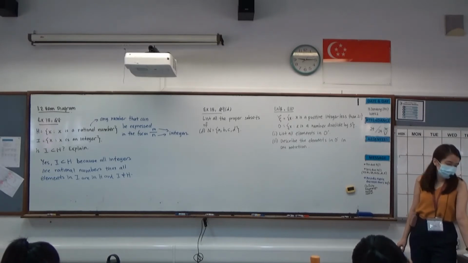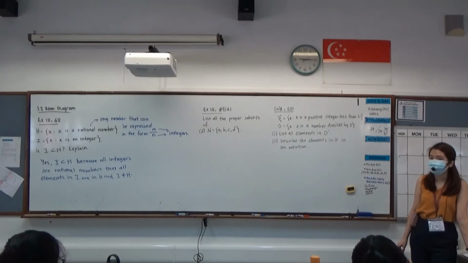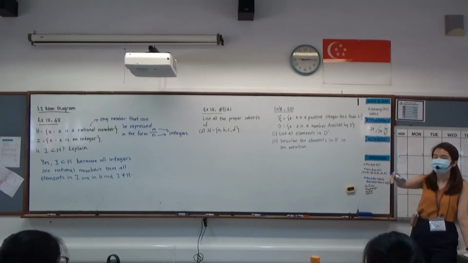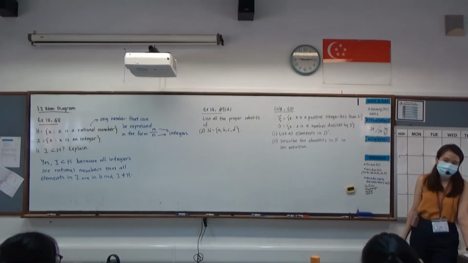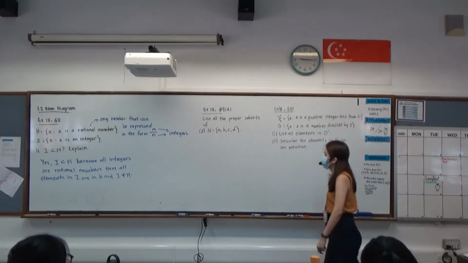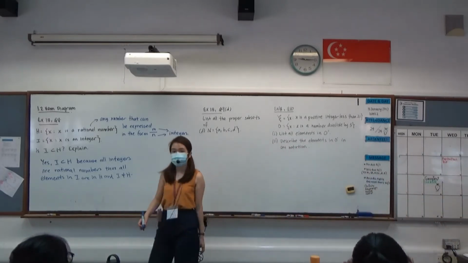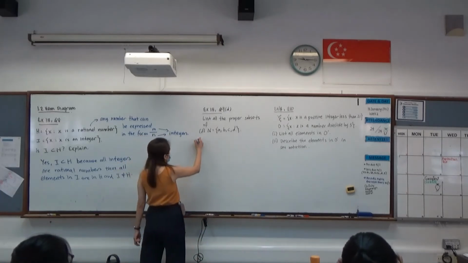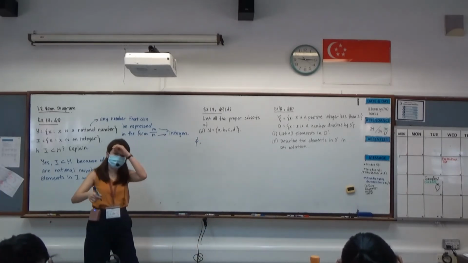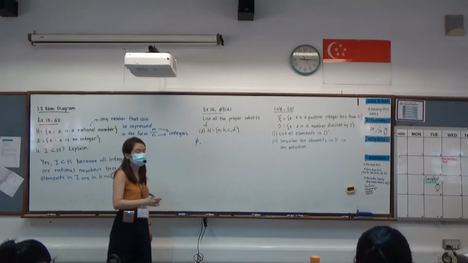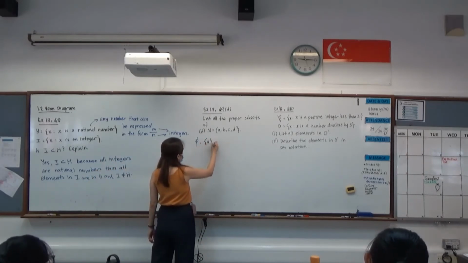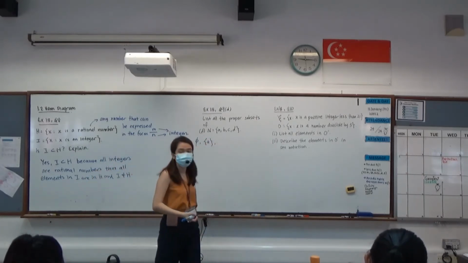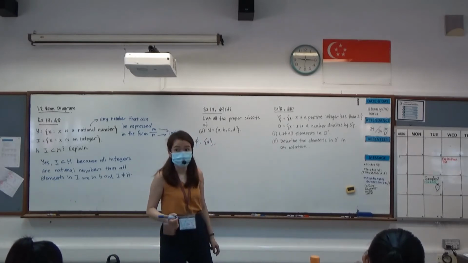Okay, let's check our answer. I remember yesterday we also did something similar and we stopped at Alia and Ning. So let's start from Majia. Can you tell us the first proper subset that you have? Null set. The null set, okay. Next, Amanda. Set containing A. And then answer? B, okay.